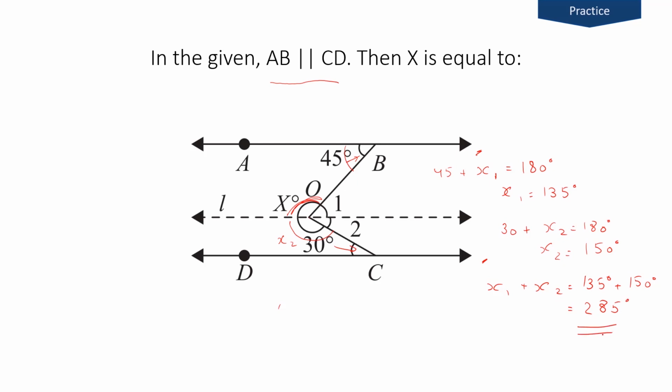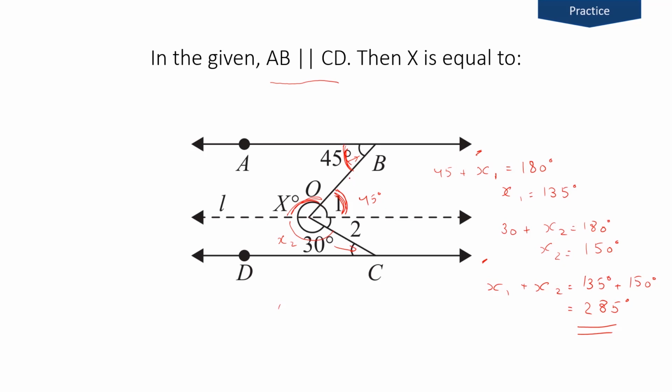Now here I'd also like to highlight that since x1 came out to be 135 degrees, if you look at angle 1, this comes out to be 180 minus 135, which is 45 degrees. So always this angle is equal to the alternate interior angle.